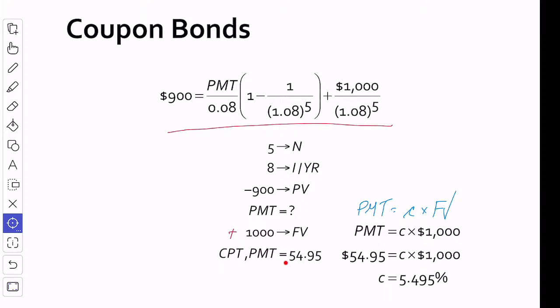You have to take the amount and divide by 1,000, as opposed to finding the payment, where you would multiply by 1,000. To find the rate, you have to divide by 1,000. So in here, you have to remember what a coupon rate is and how to use it. Does everybody get that answer?